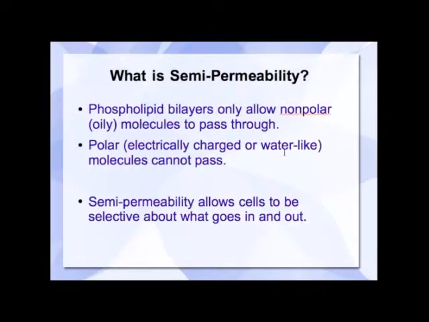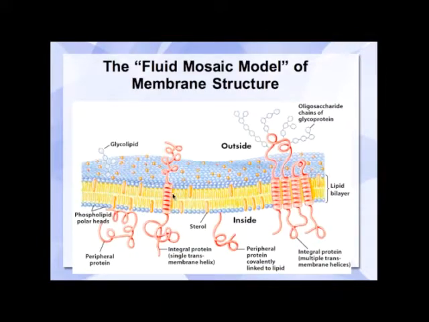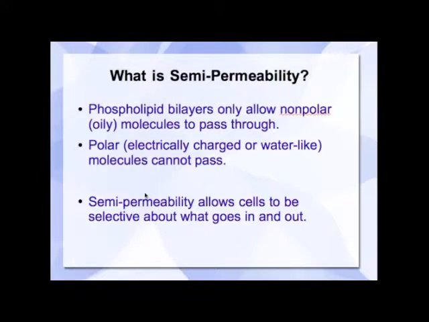Polar molecules cannot pass through the phospholipid bilayer because their polar nature will never allow them to sneak their way through the oily yellow tails of the phospholipid bilayer. Thus, this property of semi-permeability allows cells to be very selective of what goes in and what goes out, allowing cells to exist as we know them.